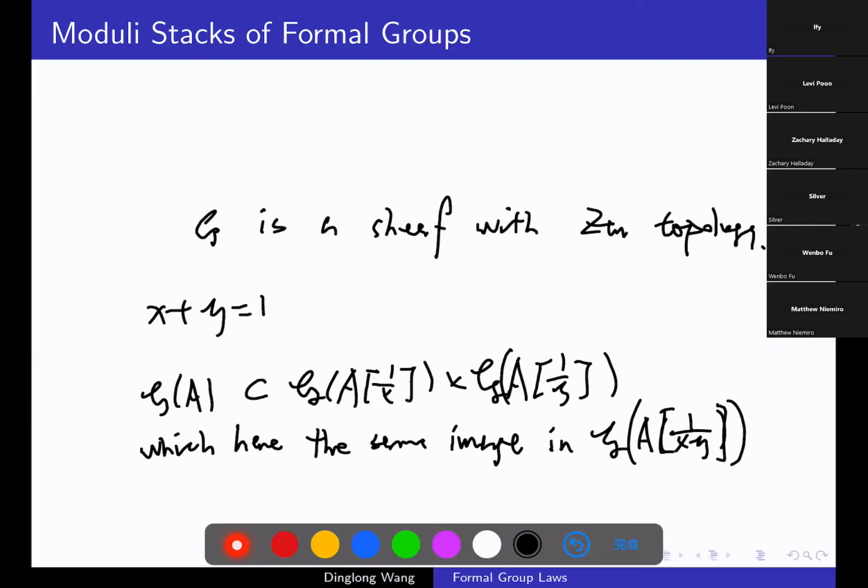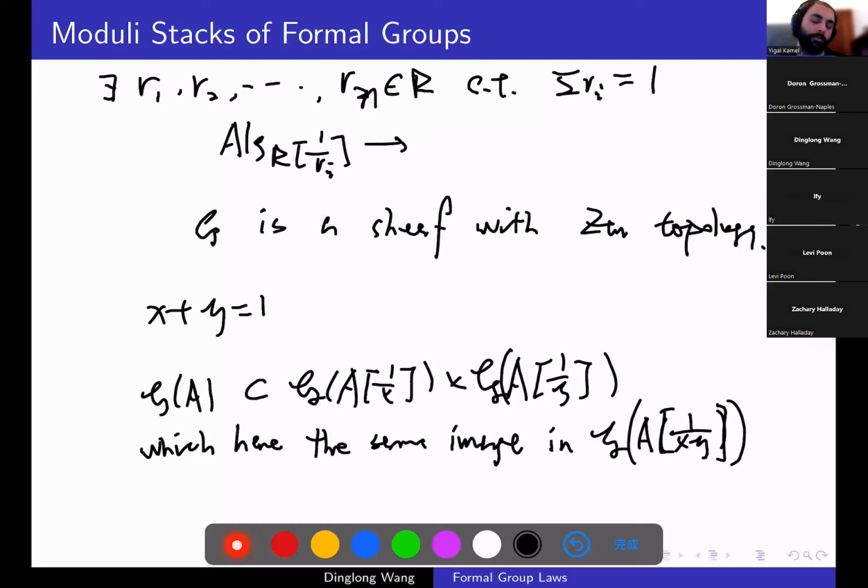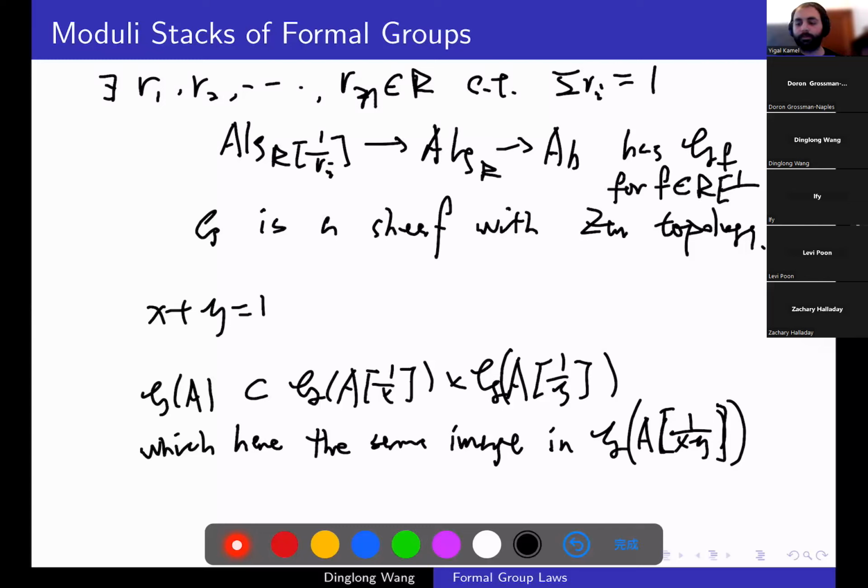We can choose elements r_1, ..., r_n in R that form a cover, such that each of the composite functors has the form GF for some formal group law F with coefficients in R[1/r_i][[X, Y]].